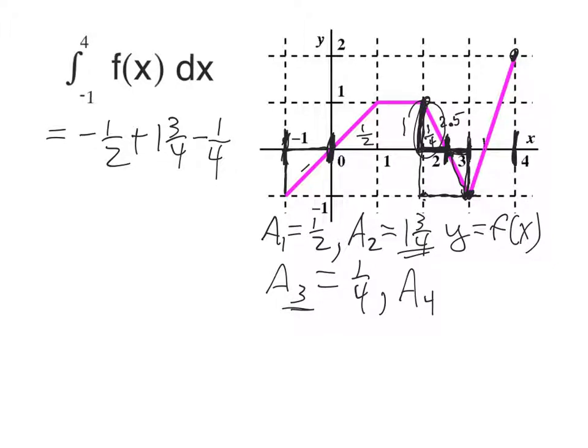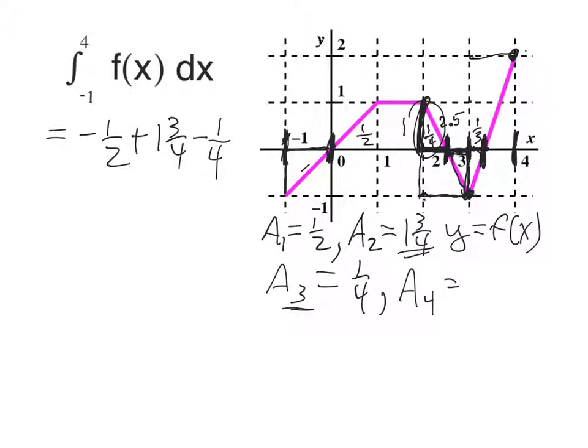And let's see, we need to find what this value is. Right, the slope of this line: 1, 2, 3, and over 1. Up 3 and over 1. So if we only go up 1, we would have to go over 1/3. So the base of this triangle would be 1/3.